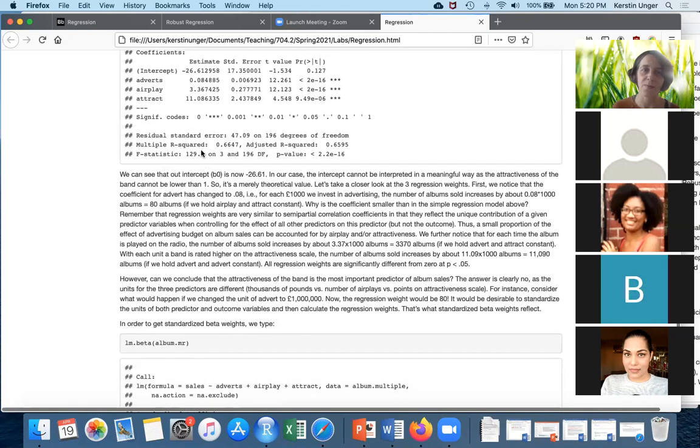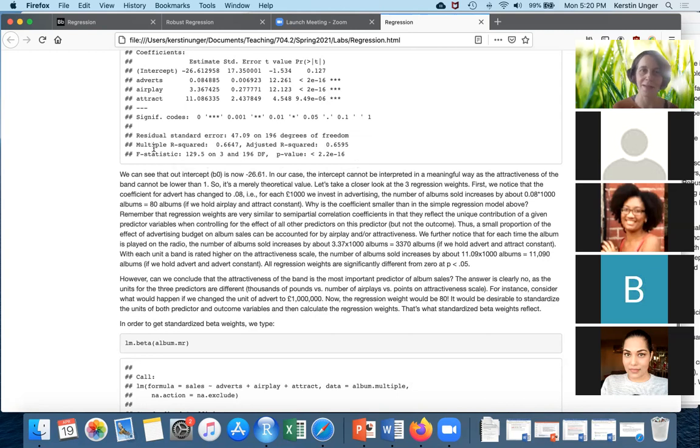And this is the corresponding F statistic, which has 3 model degrees of freedom and 196 residual degrees of freedom. So we are losing residual degrees of freedom by including more parameters in our model. And then the corresponding p-value is close to 0. So it's definitely better than a baseline model.